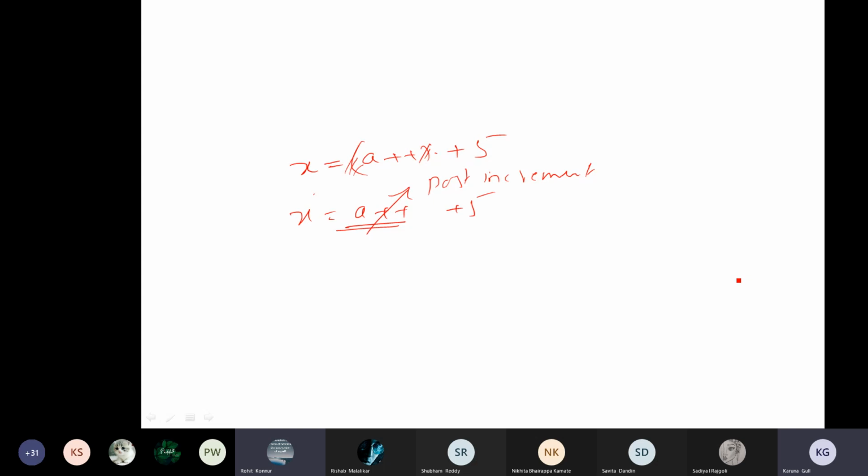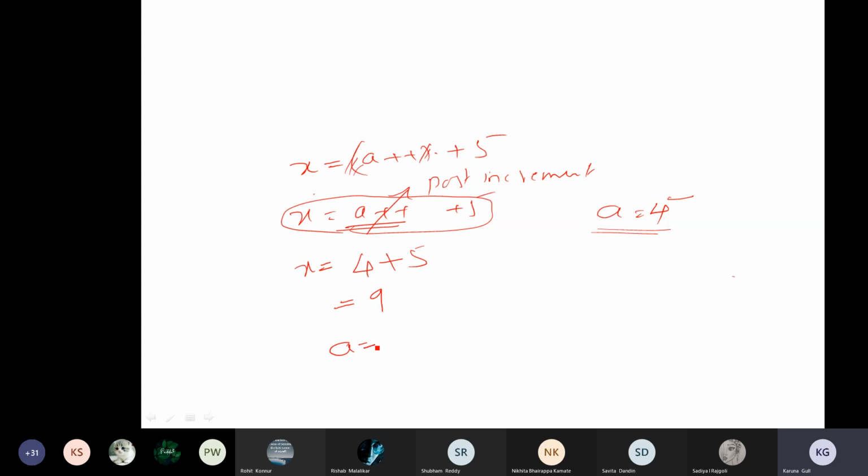Let's take a is equal to some value, something like 4. If I write x is equal to a plus plus plus 5 and do this operation, it takes a is equal to 4 as usual, then 5 will be added to it and it gives me 9.